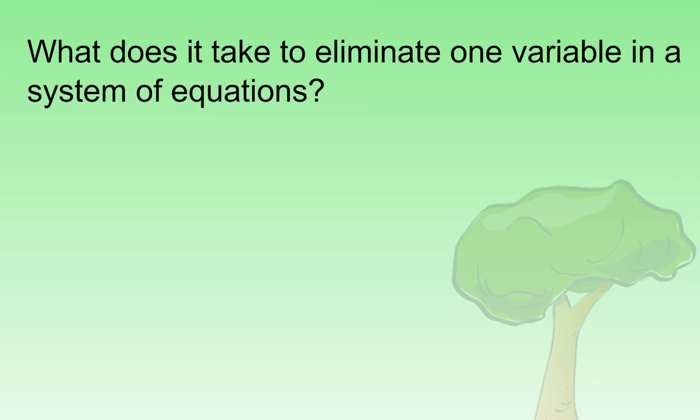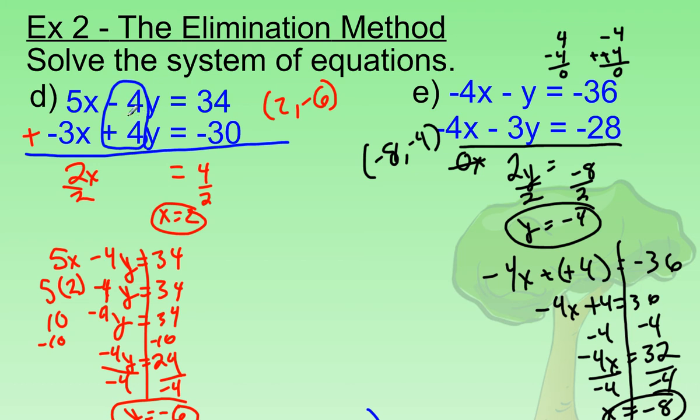So this question asks, what does it take to eliminate one variable in a system of equations? So using this elimination method, what did you have to do? And hopefully you said something like, well, to make one of the variables eliminate, they have to have the same coefficient between the two equations. So if they have the same coefficient, like they did here, they both have a 4, or here they both have a 4, you simply add or subtract the equations together, and that eliminates that particular variable.